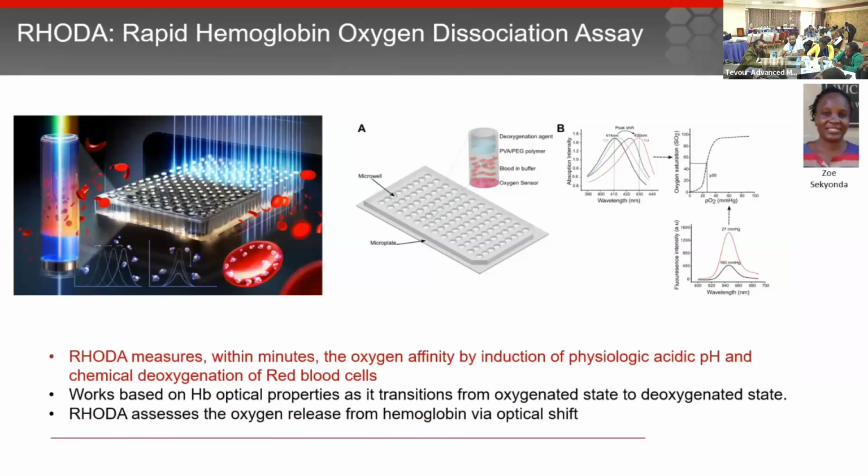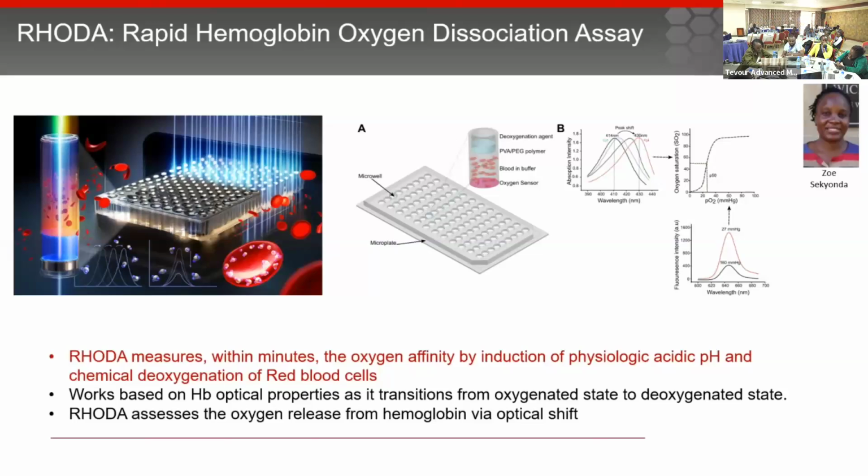Currently at the university, we have to send samples to a different town to measure this oxygen dissociation curve, or oxygen affinity. I would expect that if where we have a lot of resources we do not have access to these devices, it's probably the same case in Uganda. It's possible that we can't have even a single device that can measure oxygen affinity.